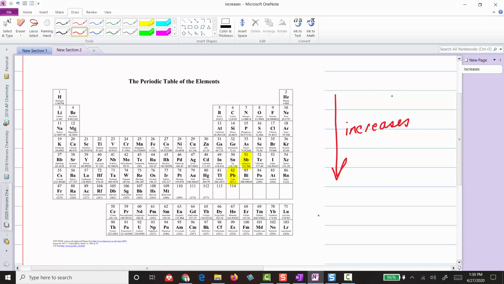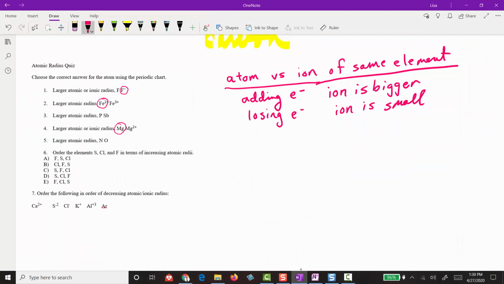And that's because lead has electrons all the way in the 6th energy level, whereas antimony's electrons only go up to 5 energy levels. So lead is going to be the larger of those two. Oh, I read that wrong. Okay, regroup. Phosphorus versus antimony, my bad.